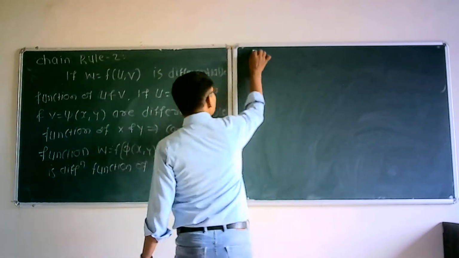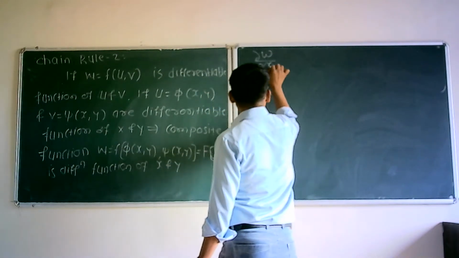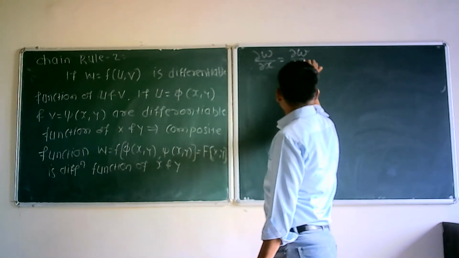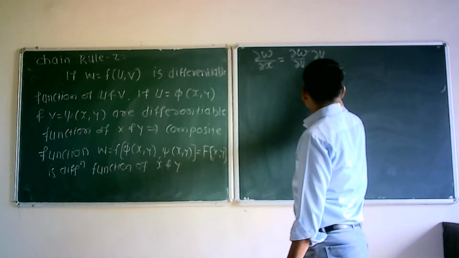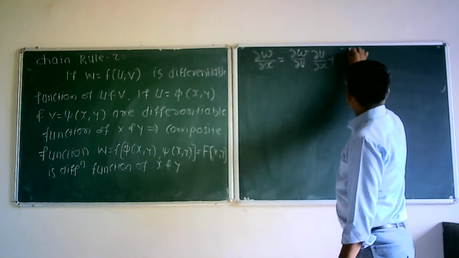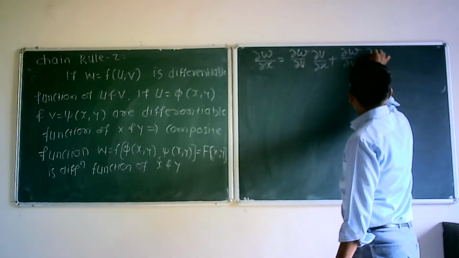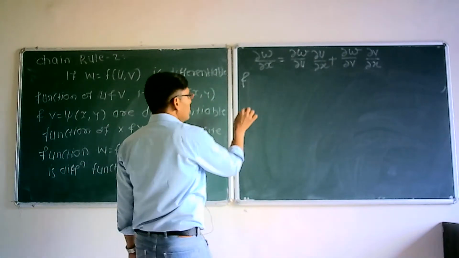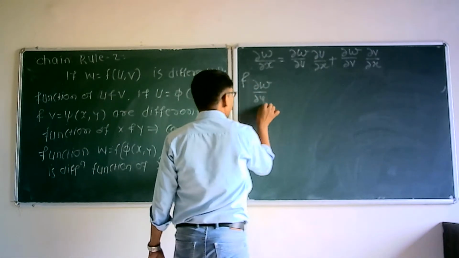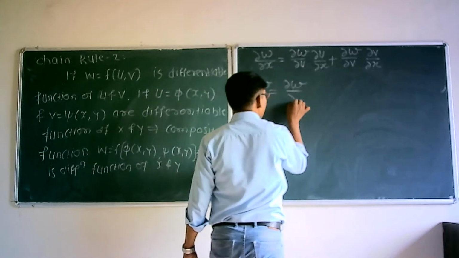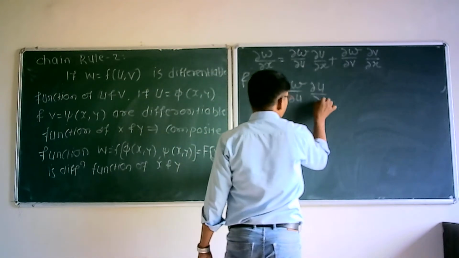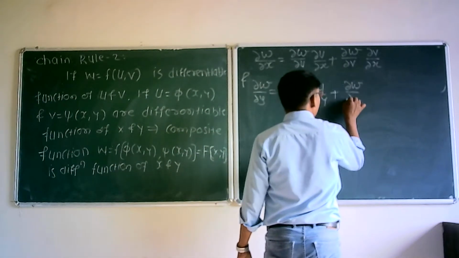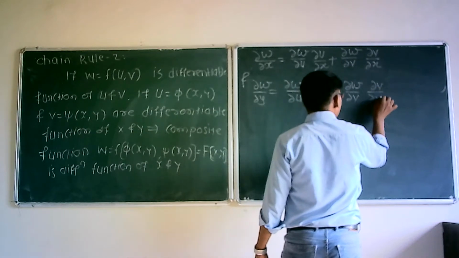and ∂w/∂x is equal to ∂w/∂u times ∂u/∂x plus ∂w/∂v times ∂v/∂x, and ∂w/∂y is equal to ∂w/∂u times ∂u/∂y plus ∂w/∂v times ∂v/∂y.